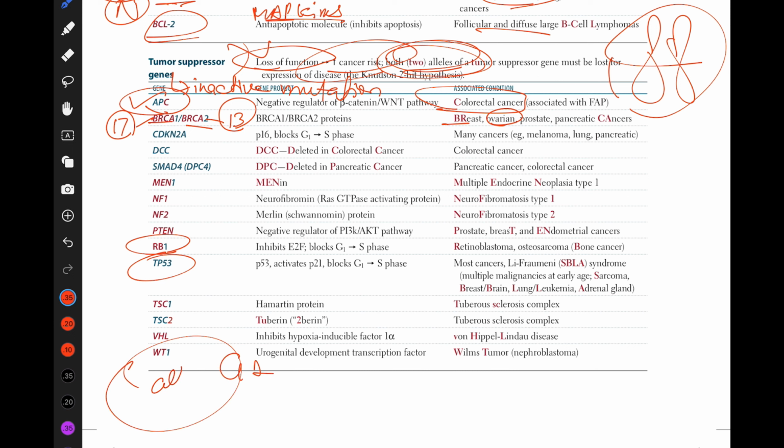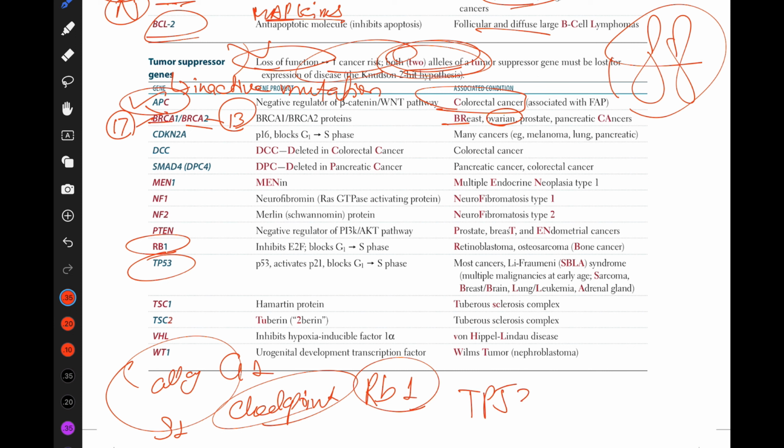The G1 to S phase is a checkpoint. In this checkpoint there is a protein like RB1 and also one more factor, TP53. Both genes are responsible for checking that the cells are good, that they have no mutation or abnormality, and then sending them to the process of division. But if this checkpoint loses its function, it creates a loss of function.